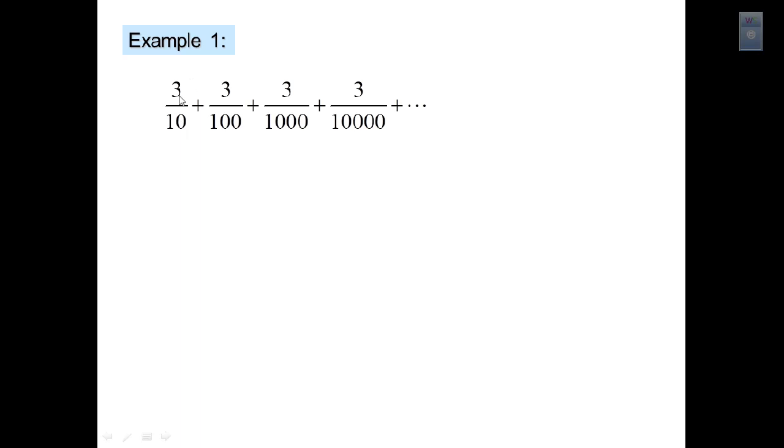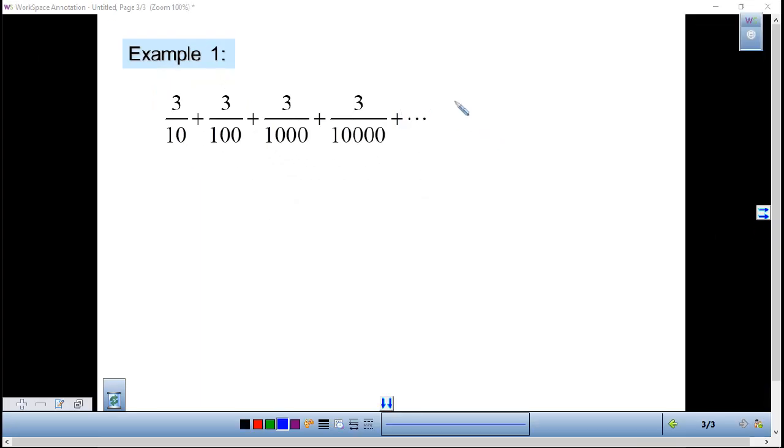All right, so we have 3 over 10 plus 3 over 100 plus 3 over 1,000 plus 3 over 10,000, and so on. Now, is this thing going to converge? Well, what do we have here? If we write this in our sigma notation, we're going from k equals 1 to infinity.